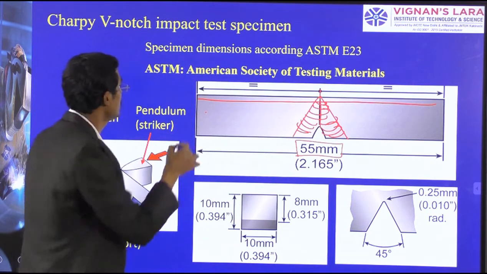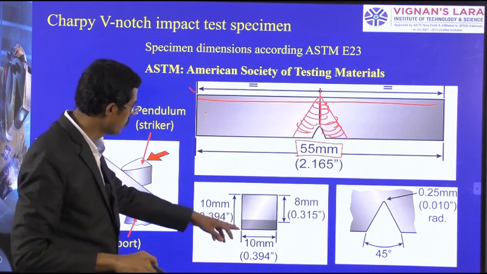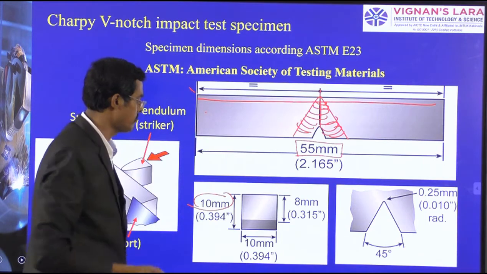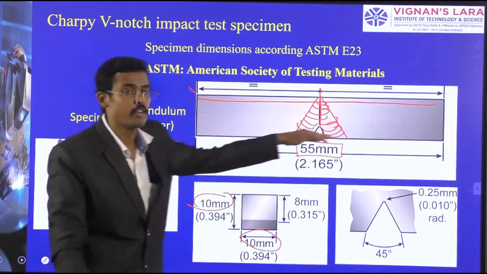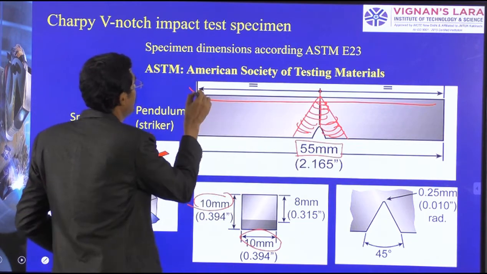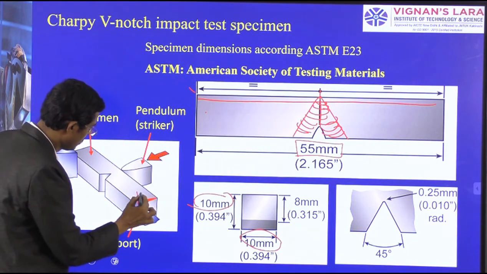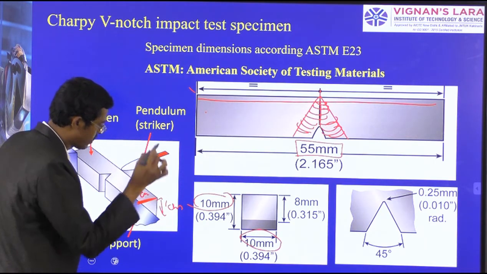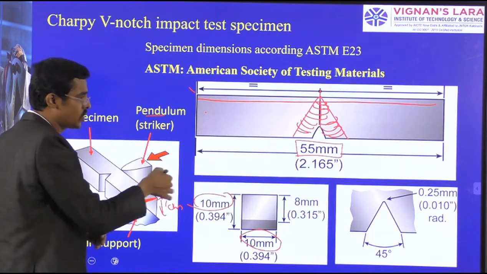After that, how much width, thickness and height should there be? Both are 10 mm. You see, this is 10 mm and the width is also 10 mm. The length is about 55. Inside, the depth and this one: this is 10 and this is also 10 mm. Where we are going to break is the opposite side, where the pendulum goes straight to the specimen.